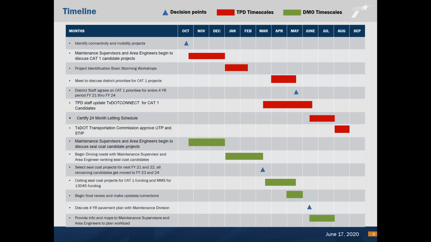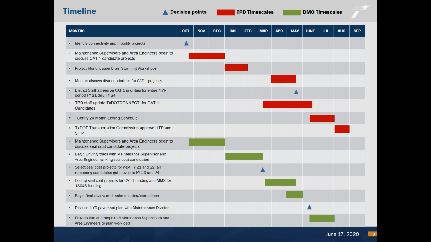In January, that's the time we issue our new pavement data, and that data is used with other data together for this planning process. So somewhere between March and May, the plan is finalized and put into the system.